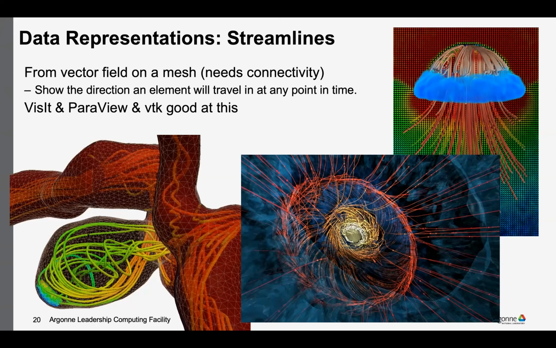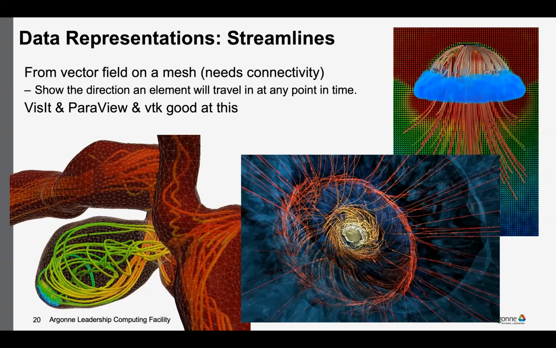So within a single time step of the data, you basically start with a bunch of seed points at some specified location within the mesh, and then you look at the vector at each of those seed points and ask, what's the magnitude and direction of this vector in the field, and essentially follow the path it would take within a time step.